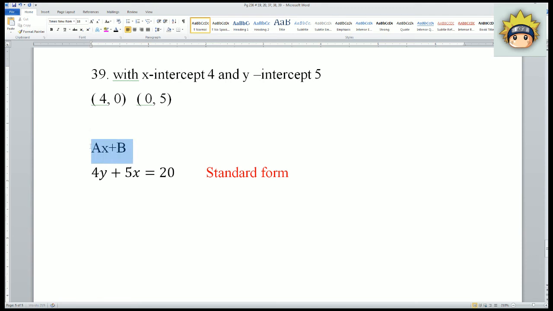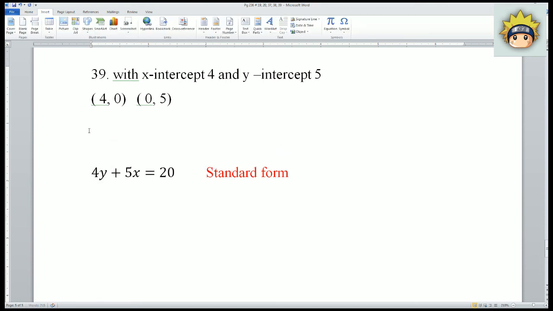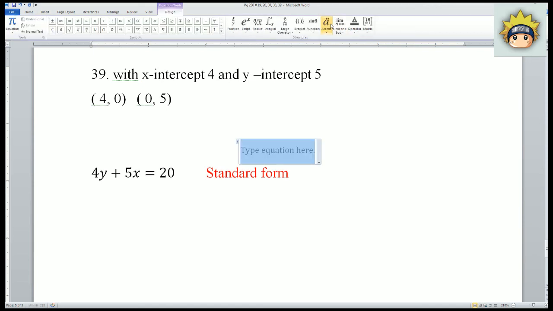Let me put this in equation format for you: ax plus by equals C.